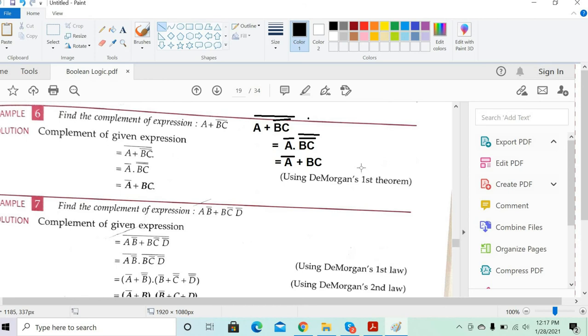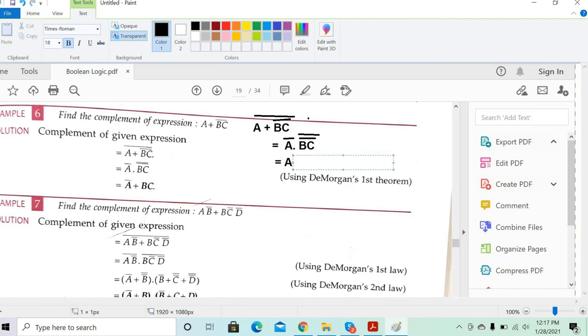Correct. So you are applying the second theorem now. It is something like this. If I change here, basically it becomes A dot BC, isn't it?